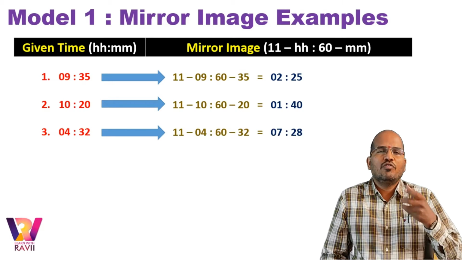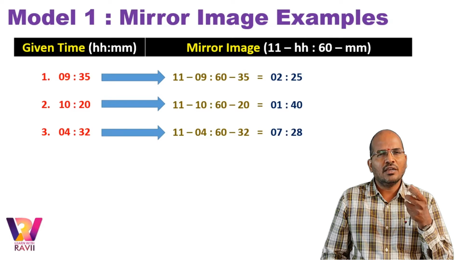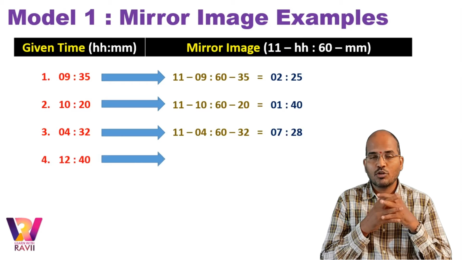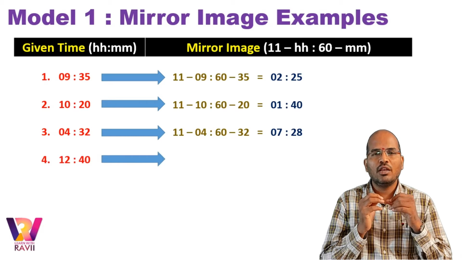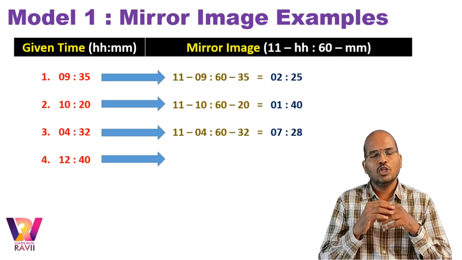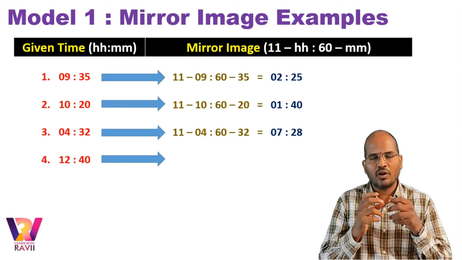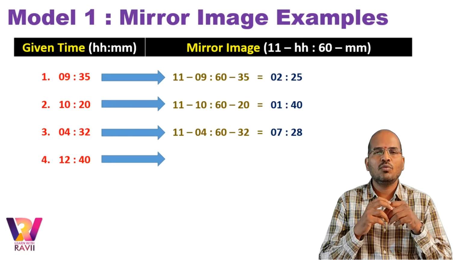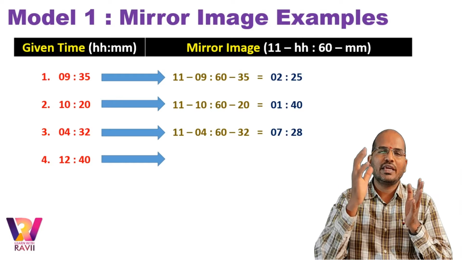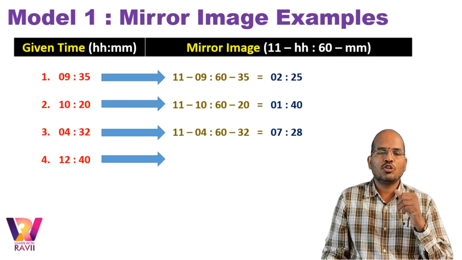Now let us modify the given time by a little. Suppose my time is 12:40. Here comes the complication, because to calculate the mirror image we perform 11 minus HH. So 11 minus 12 will result in a negative value, which is not found in the concept of clocks. Then what can be done? Common sense says that 12:40 can be written as 00:40.